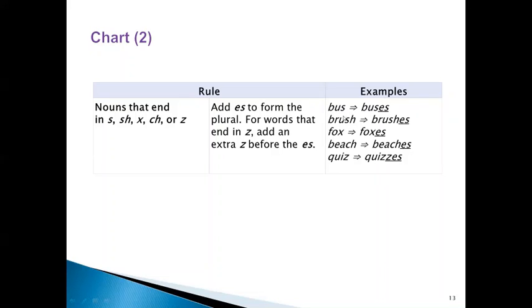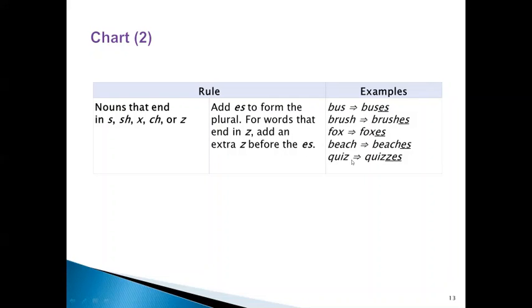For example, bus, buses, because s is used at the end. So here we add es: buses. Brush, brushes. Fox, foxes. We add es because of the x at the end. Beach, one beach, three beaches.